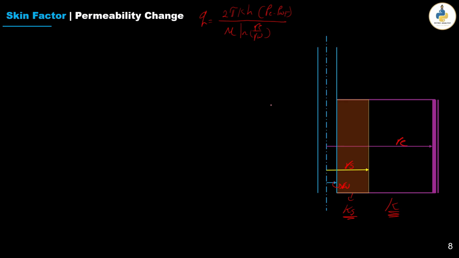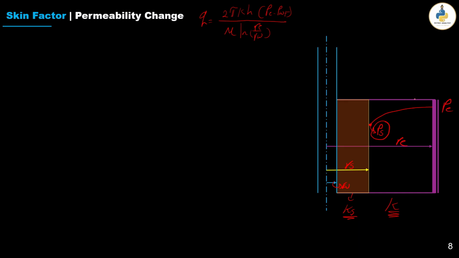So here we are actually going to have two distinct pressure drops. The first pressure drop we will denote as PS and this as PE.